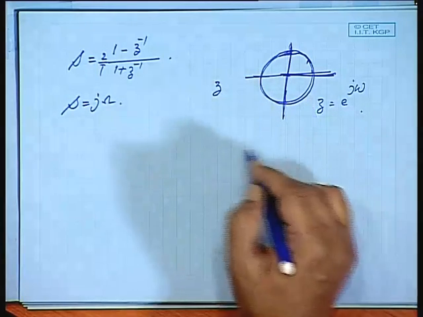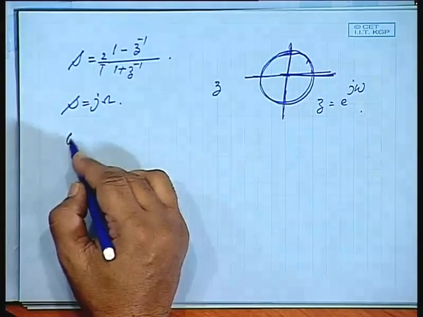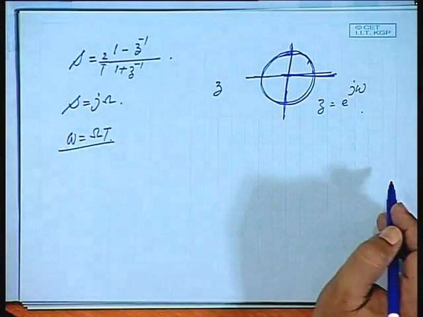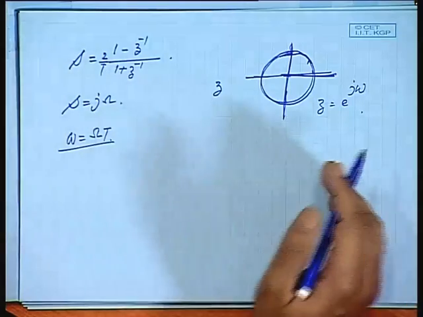Ideally, capital omega should be equal to small omega into T. Is that relationship maintained in the bilinear transformation, or is there any distortion? We would like to see what distortion takes place.